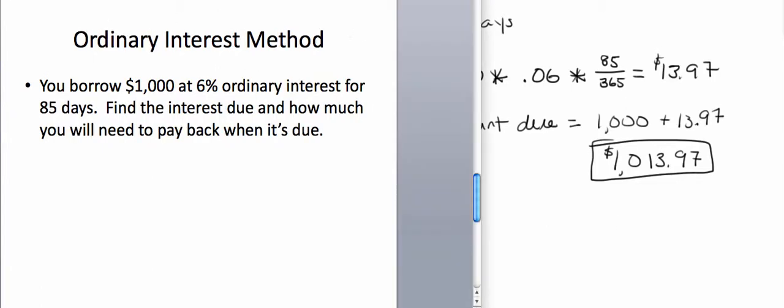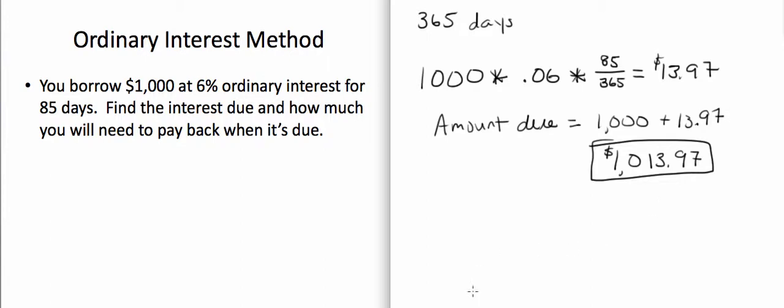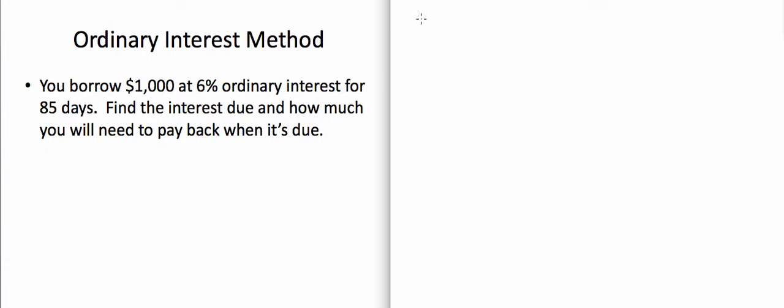We also have the idea of the ordinary interest method. The ordinary interest method, we're going to use the same numbers, same problem, but now the ordinary interest method is out of 360 days. Okay, nice even round number. The reason why they use that is bankers use this because they don't like having non-even numbers. So the work is the same, so 1,000 times 0.06, and this time we're going to divide 85 by 360.